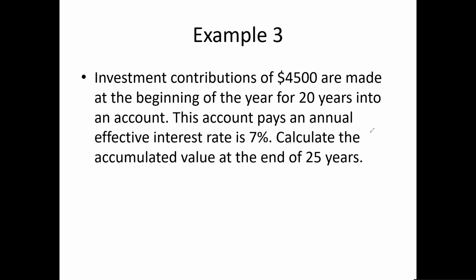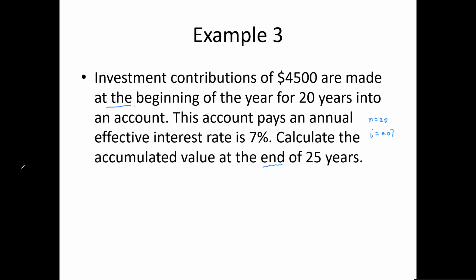So i is 0.07, 20 years, n equals 20. Calculate the accumulated value at the end of the 25th year. So you need to be very careful.